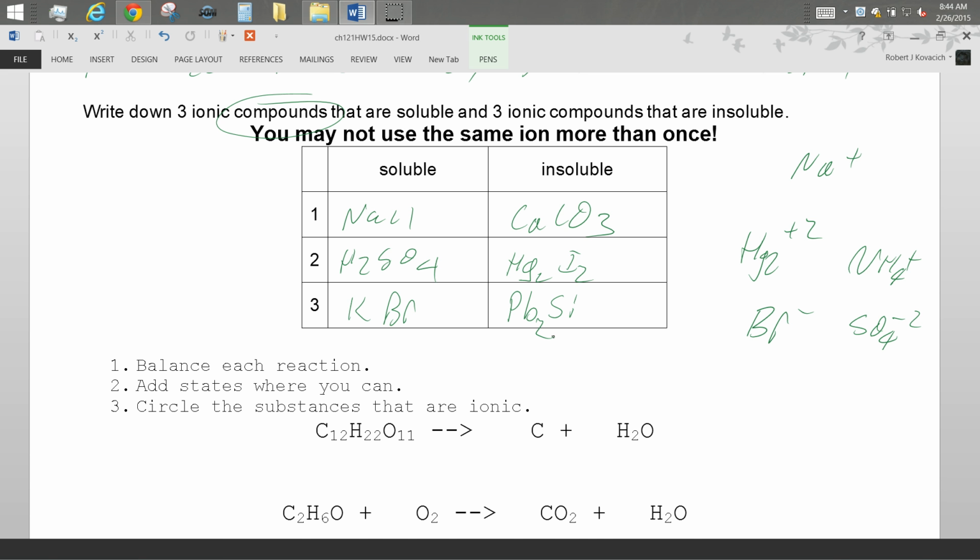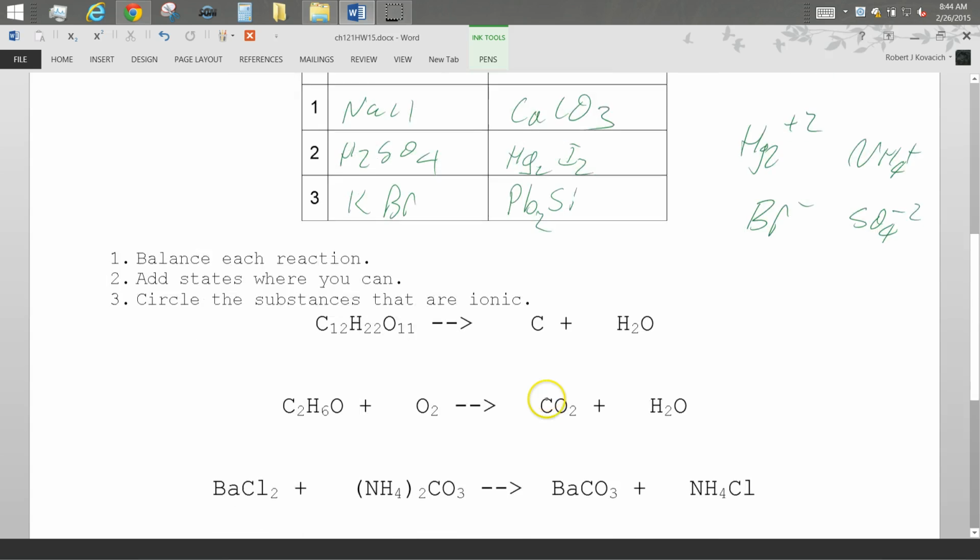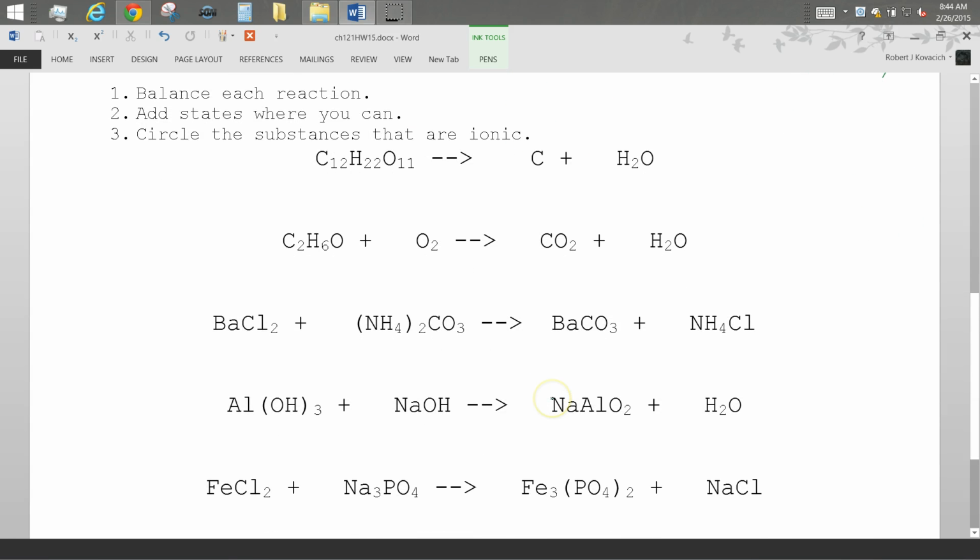All right. So we want to balance these equations, add states, and then circle anything that's ionic. So what do I want to do with balancing this first one? Put a 12 right there. Then what? An 11 in front of the water molecule? And we're done with that, right? How about states?